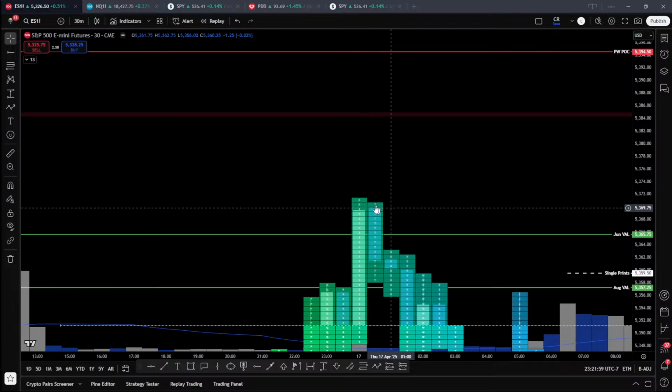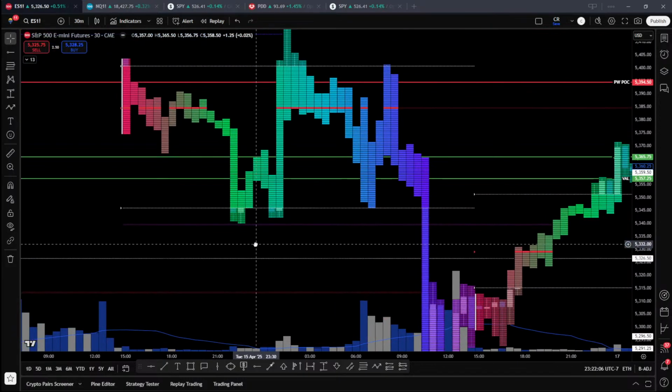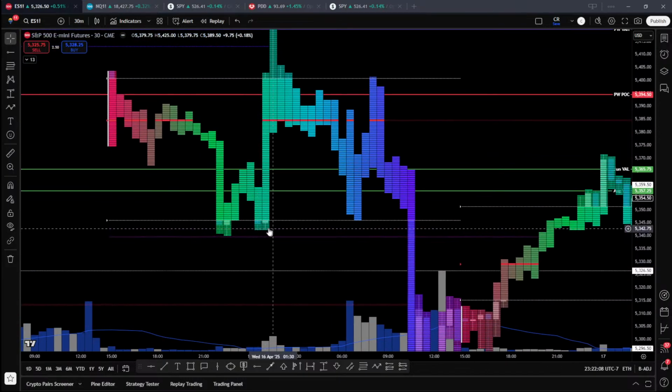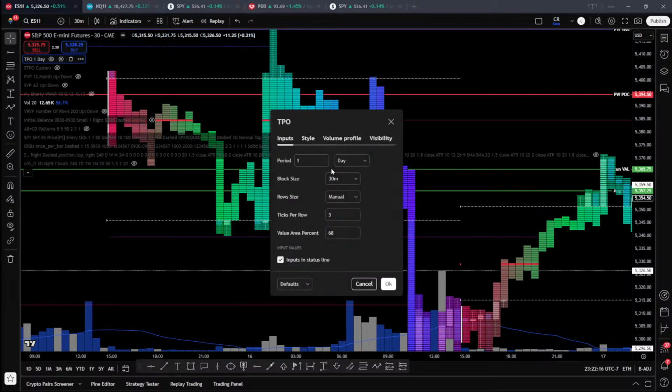Well, according to this, it is a single print. But this here would be a poor low. If this didn't exist, this would be a poor low. We're looking for the blocks to be overlapping.